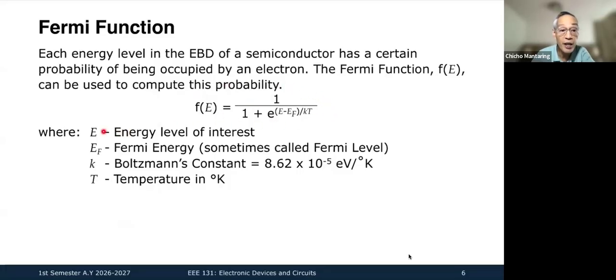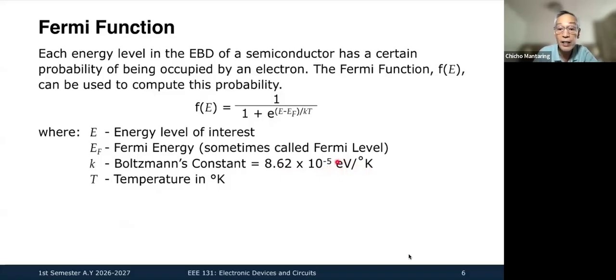So E is the energy level of interest. EF, we call that our Fermi energy or Fermi level. This is dependent on many things: doping level, material, temperature. k is called Boltzmann's constant, 8.62 times 10 to the minus 5 electron volts per degree Kelvin.